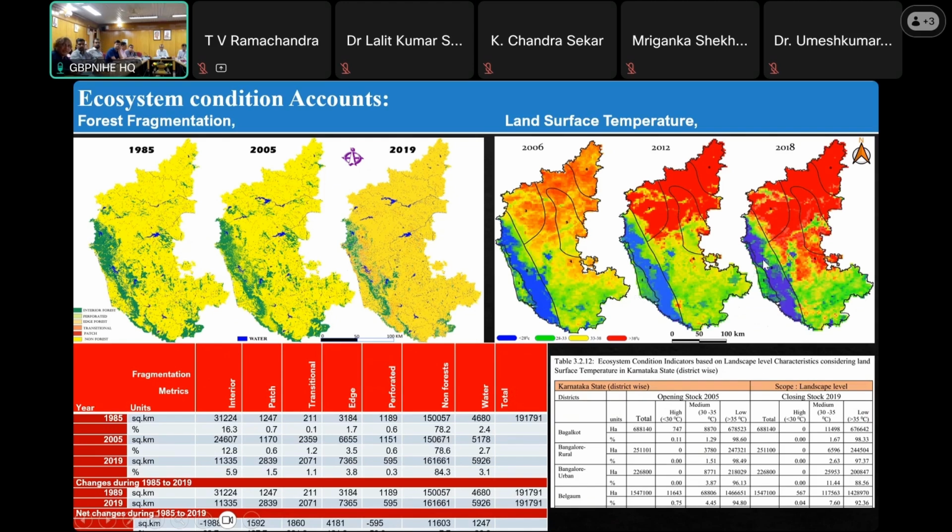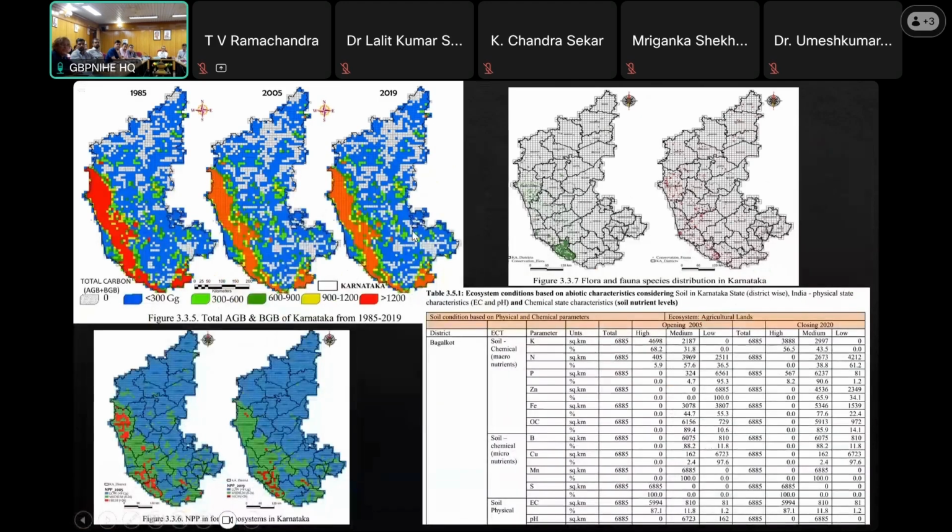And this gives the land surface temperature, how it has changed with the changes in the land cover or land use.